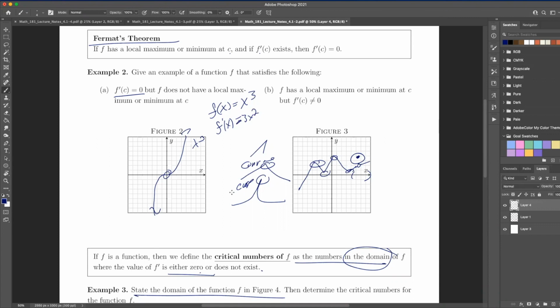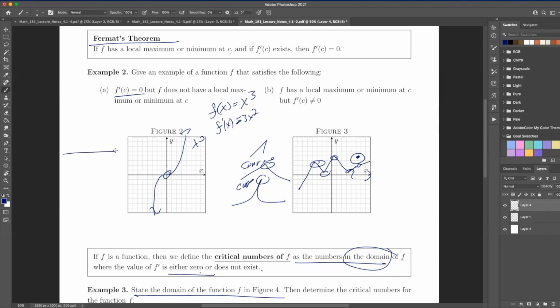This is equal to 0 when x is equal to 0. But is that a local min or max for this? Of course not, because it's increasing, it flattens out, but then it goes back to increasing.